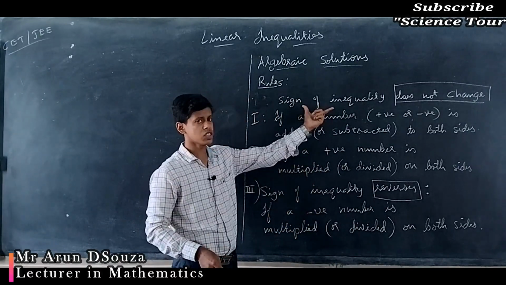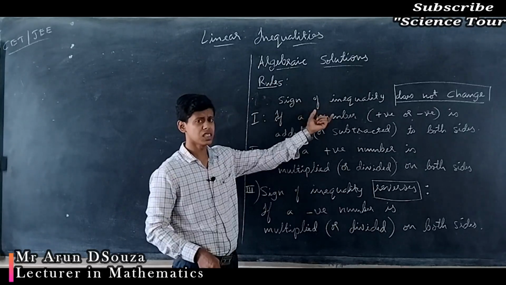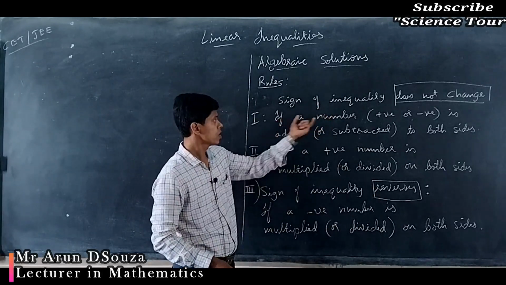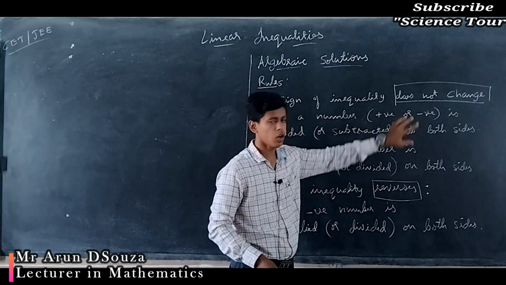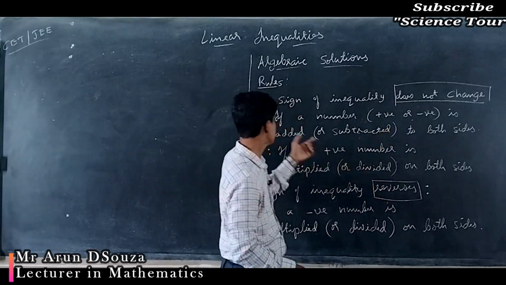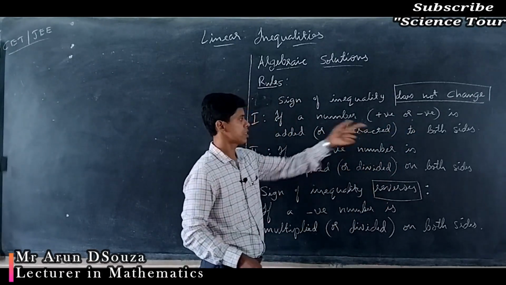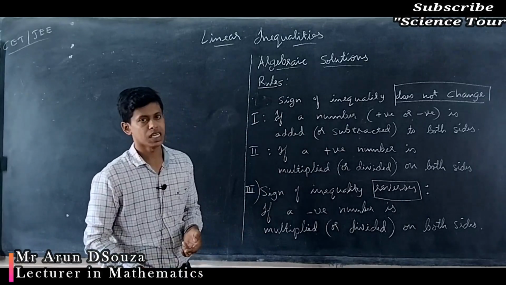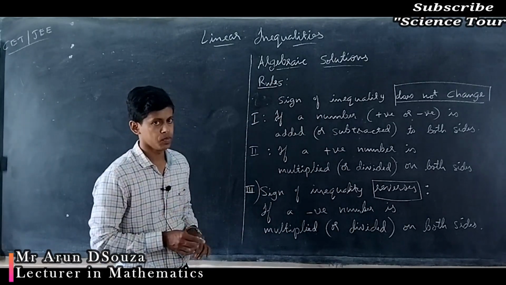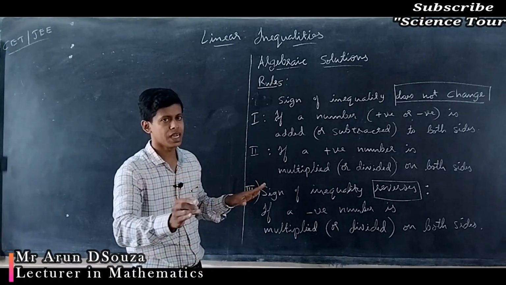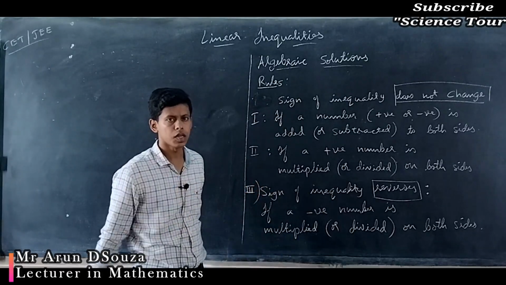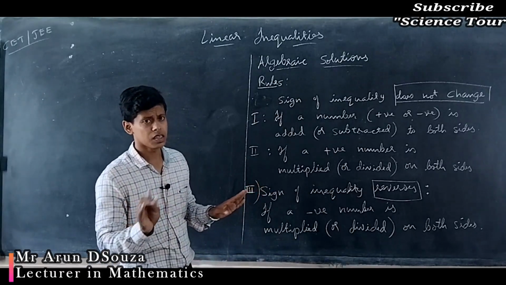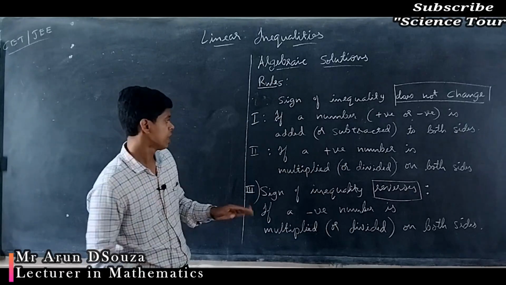Now, it does not change, it remains the same, if a number, positive or negative, any number, is added or subtracted to both sides of the inequality. If you add or subtract a positive or negative quantity, it does not affect the inequality at all.